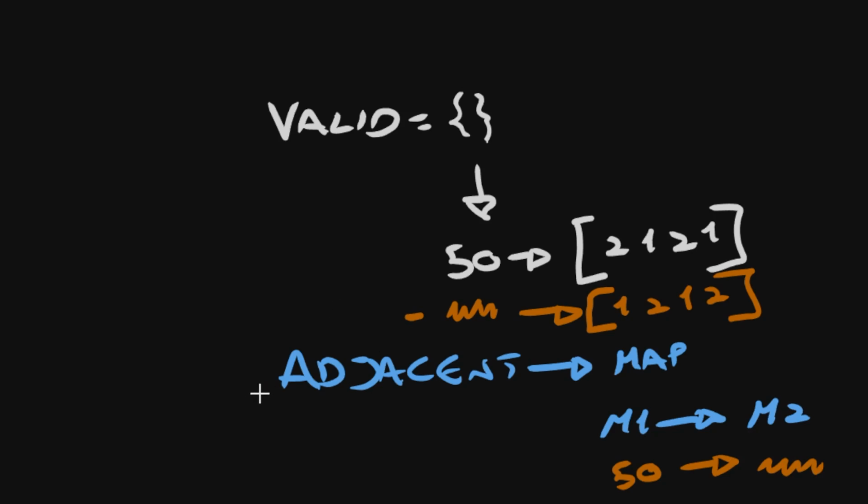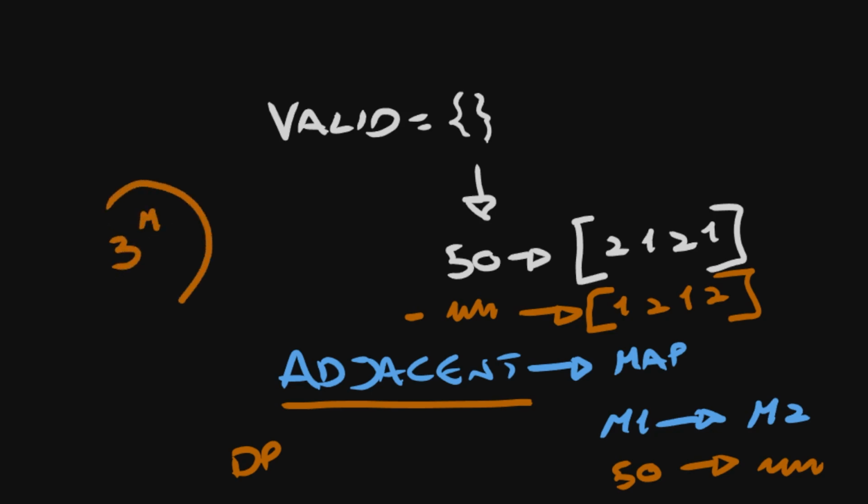Okay, and now finally, once we have every valid adjacent row, we can do a DP to expand this same logic to every other row up to n, because remember we are using m for columns and n for rows. And I forgot to tell you why we are not using n for rows: because remember we have 3 to the power of m possible masks.